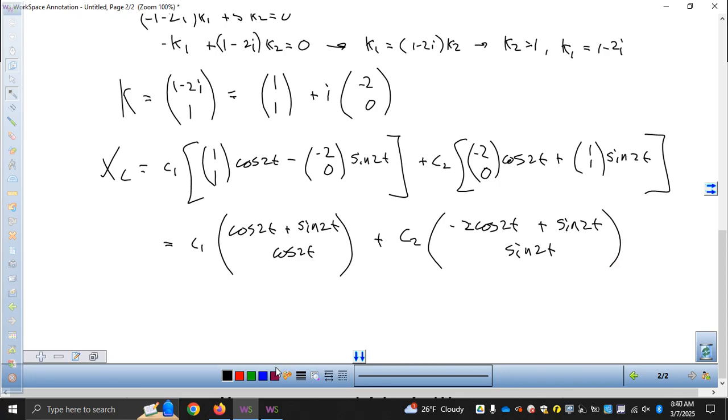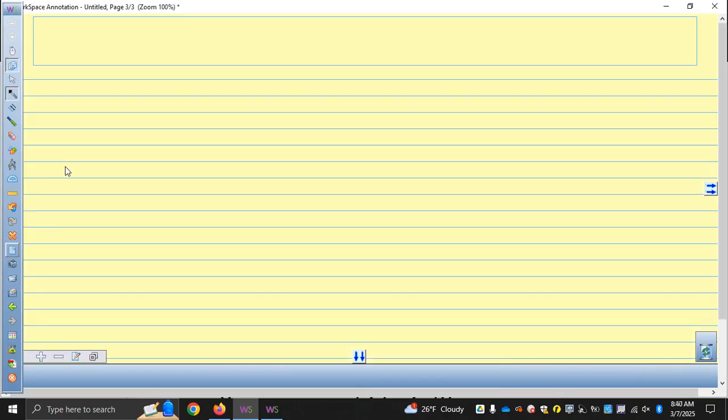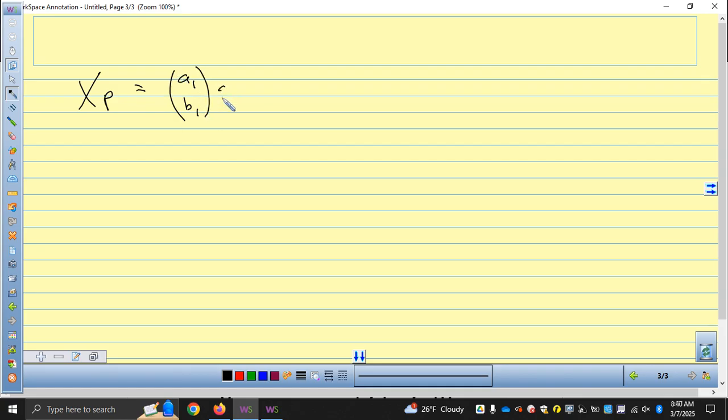Now we're going to find our particular solution. So I'm going to change pages here. We're going to say that x sub p is some constant vector (a1, b1) times sine t plus another constant vector (a2, b2) times cosine t.